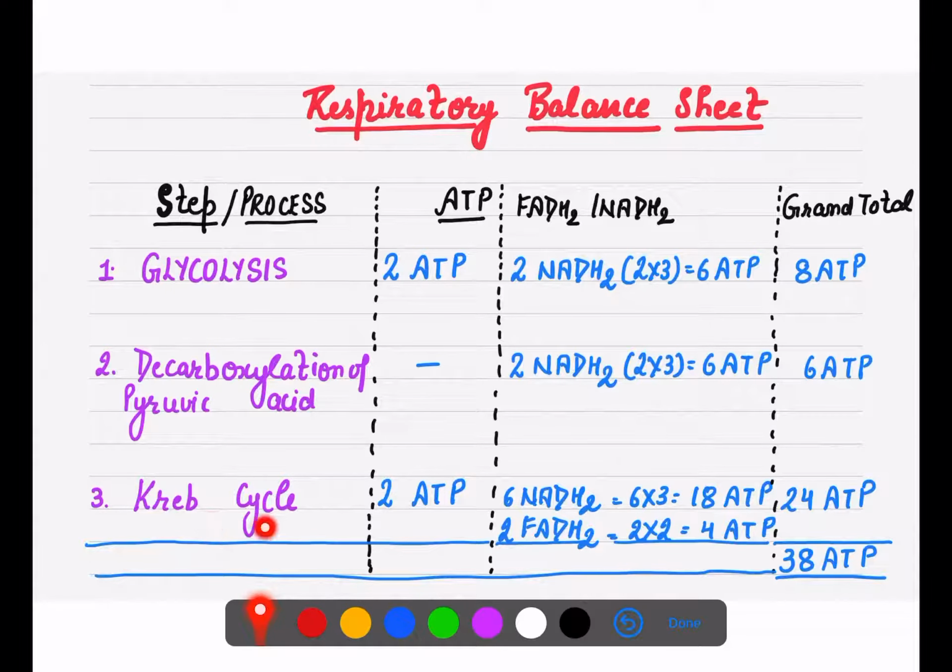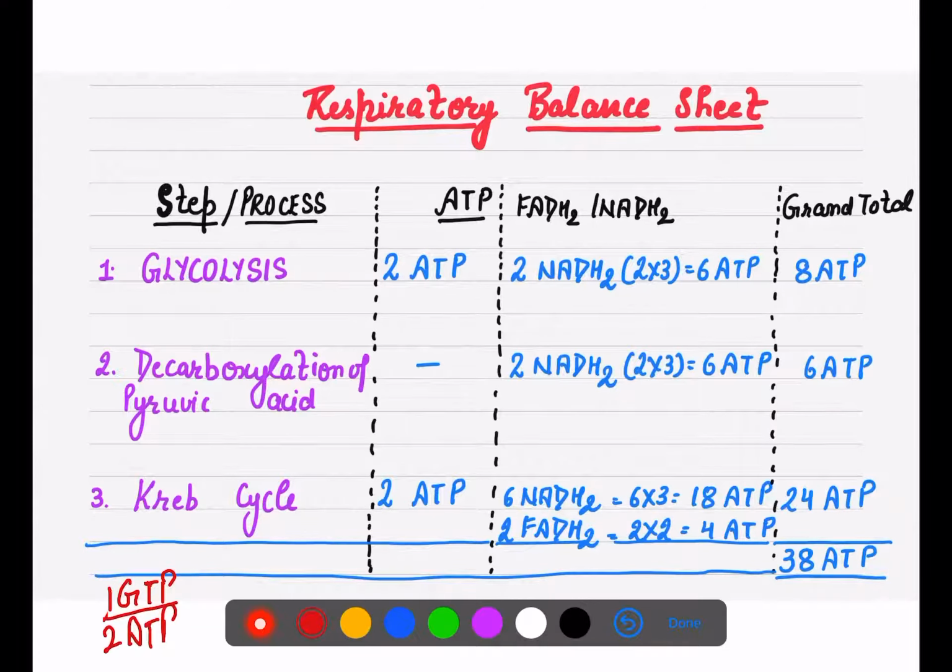In the Krebs cycle, if you recall, we got 1 GTP from 1 pyruvic acid, but the condition was that we have to use 2 pyruvic acid for the Krebs cycle, so we got 2 ATP.